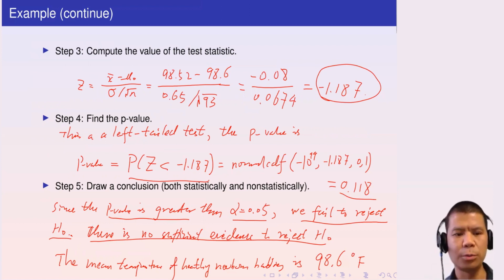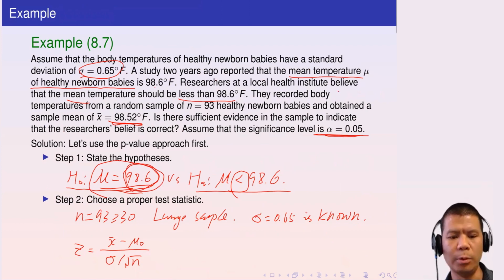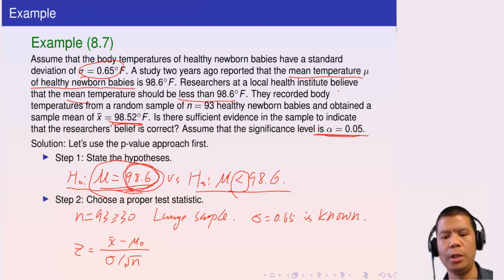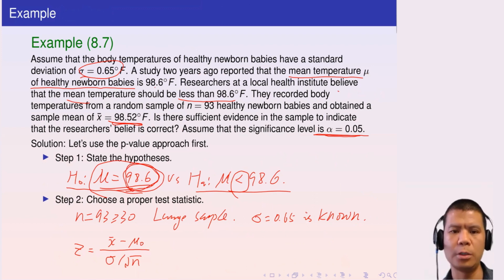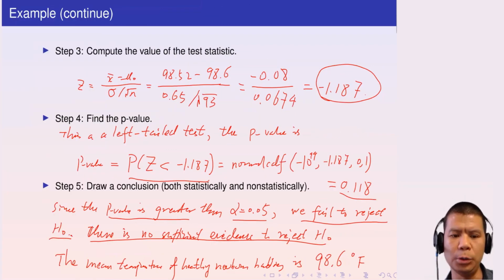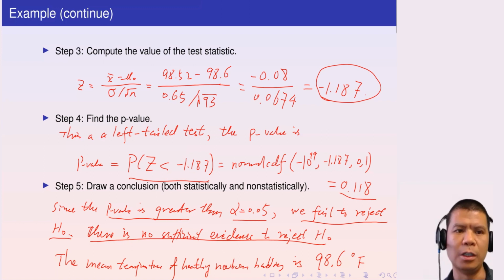Okay, so basically this is what we do for this hypothesis testing problem. Step one, state the hypothesis. You have a null and an alternative. Step two, choose a proper test statistic. It's a larger sample and sigma is known, so we choose this one, and then calculate the value. Find the p-value. It's a left tail test, so the p-value is the area of the left tail.